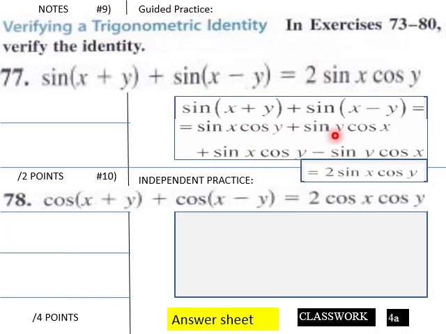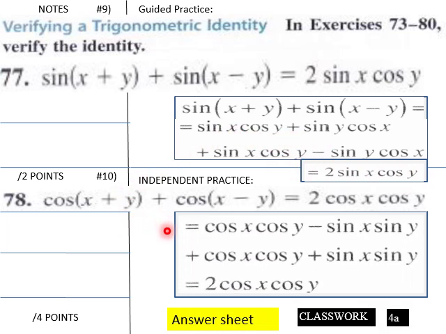When you combine like terms, you get 2 sine x cosine y, because the sine y cosine x and negative sine y cosine x cancel. So it will be 2 times sine x cosine y.